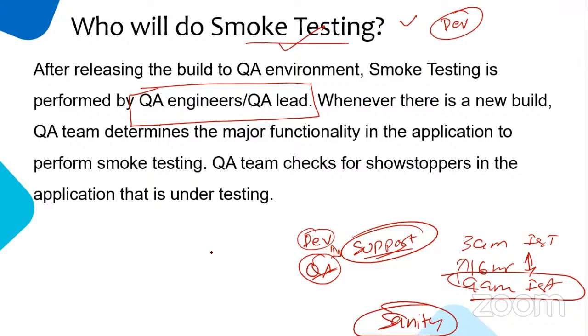But in interviews, you have to be very careful. Most of the time, if you're going for an automation interview, say that this will be done by the dev team, because automating smoke testing test cases is very, very critical. I'll tell you in the training how to achieve that. So on the safer side, put this into the dev team.